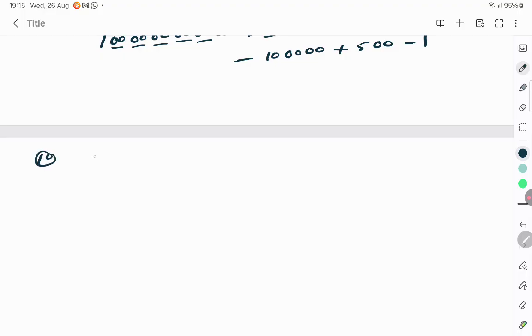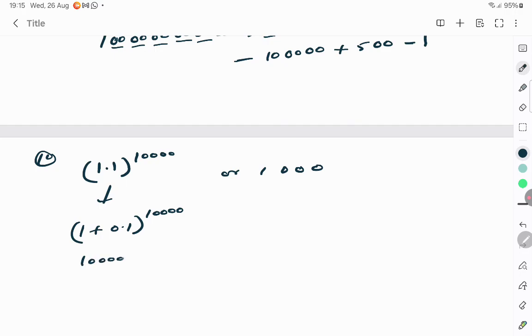The 10th question is: which is greater, 1.1 to the power 10,000 or 1000? Let's take this and expand. 1 plus 0.1 the whole to the power 10,000, which is like x plus a whole to the power n. So 10,000 C 0, 1 to the power 10,000 ignored, 0.1 to the power 0 is just 1.